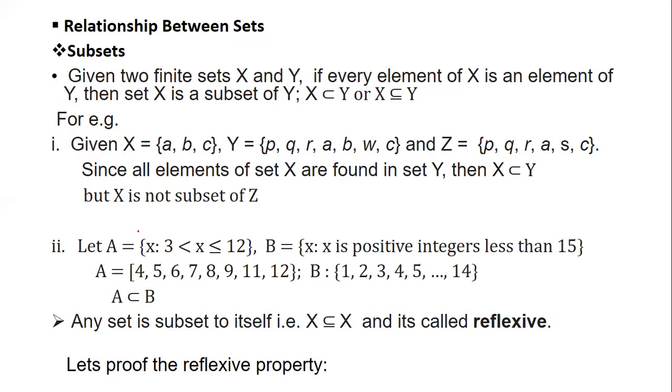So we are given two finite sets, X and Y. If every element of X is an element of Y, then set X is a subset of Y, and it's written as X is subset of Y, or X is subset or equal set to Y. Example: given X equal to the set of A, B, C, and Y equal to the set of P, Q, R, A, B, W, C, and Z. If you compare X and Y, you have A here, you have A here, you have B, you also have B here, then we have C in both sets.